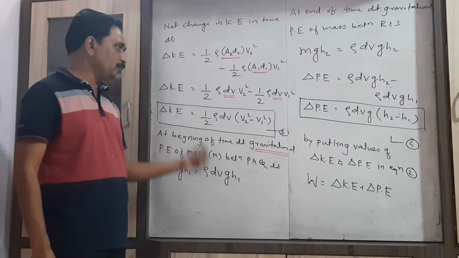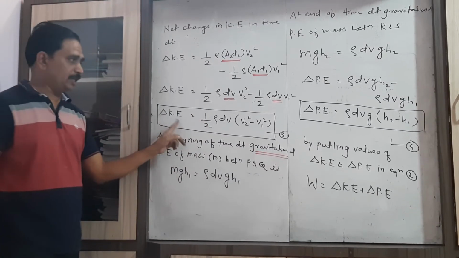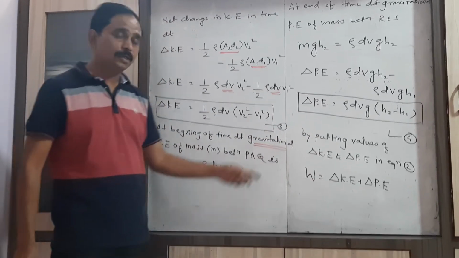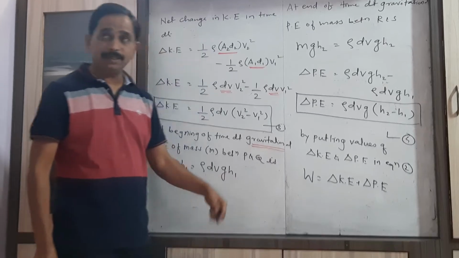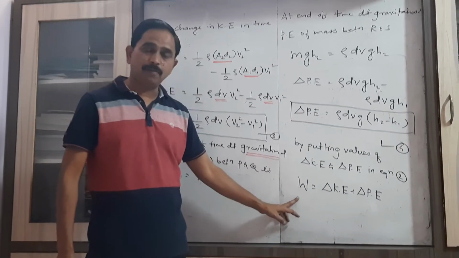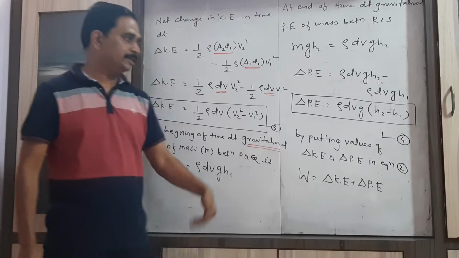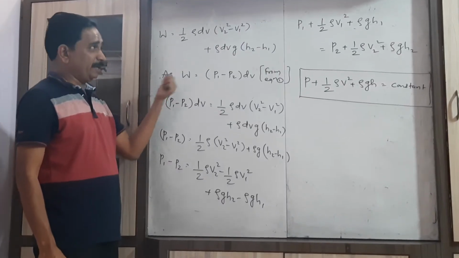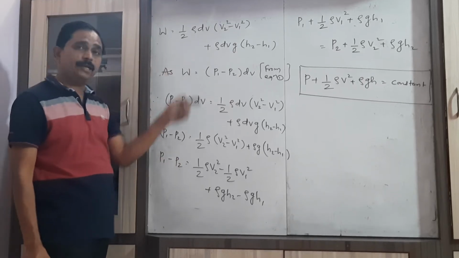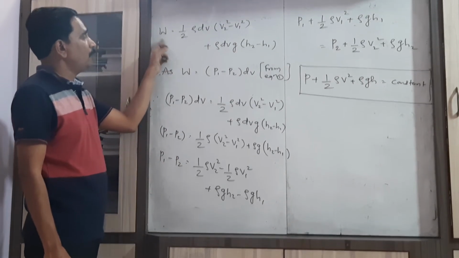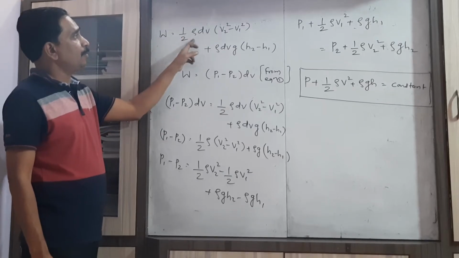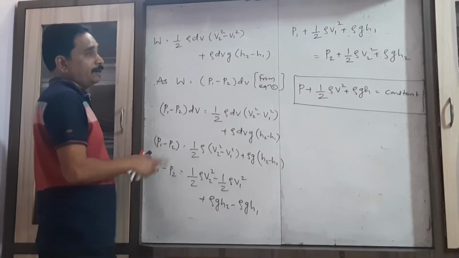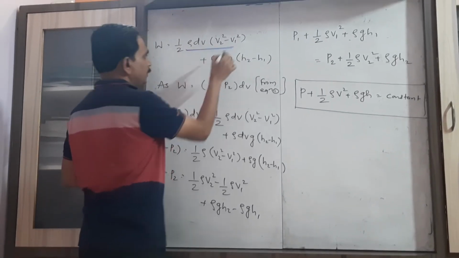Now by putting these two values, the change in kinetic energy delta KE and the change in potential energy delta PE, in equation 2, that is as per the statement, work done equals change in kinetic energy and potential energy. By putting the values of kinetic energy and potential energy, we have work done equal to half rho dV, that is V2 square minus V1 square. This is the complete value of change in kinetic energy.